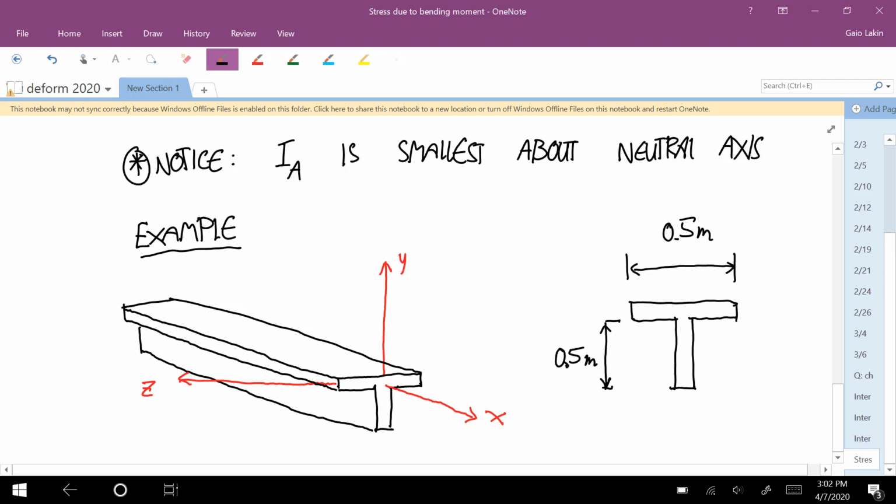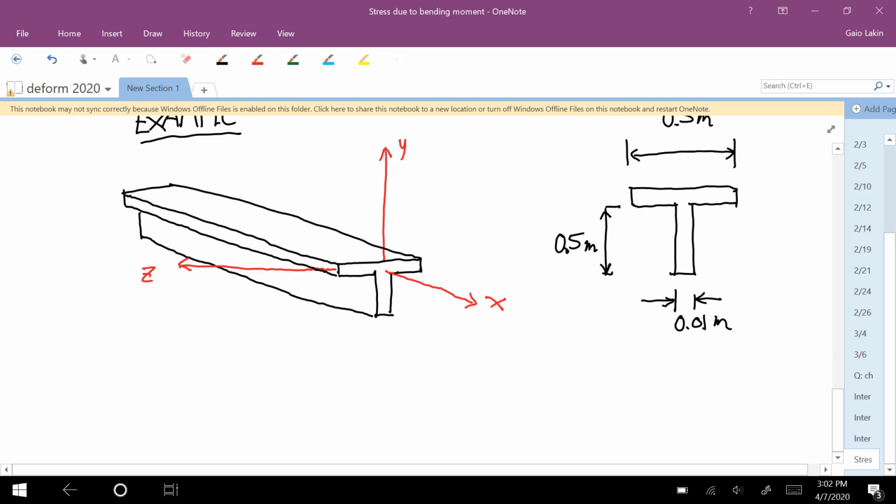And the thickness everywhere is, so I'm going to say the thickness is the same everywhere, and it's 1 centimeter. And we want to calculate the area moment of inertia about the neutral axis, because that's what we would use to calculate the stresses in this beam.